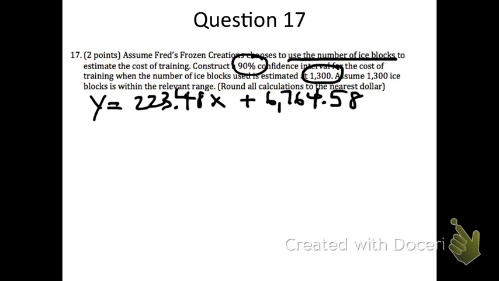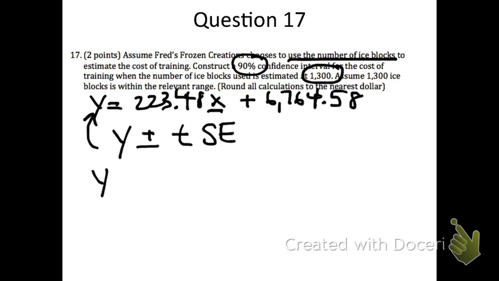So again, we're building a 90% confidence interval, and so what we need is our estimate from putting in 1,300 for X, plus or minus T, which we'll get from the table, times the standard error of the estimate. So let's find Y first.